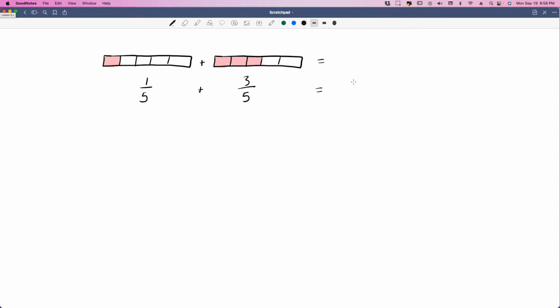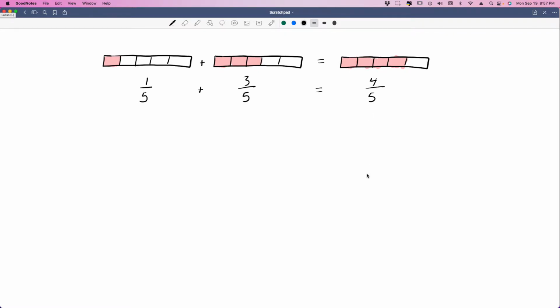I can do that mathematically and visually, and I can say 1 plus 3. That's the same as 4/5. 1, 2, 3, 4 out of 5 pieces. That's what I have, is 4/5.